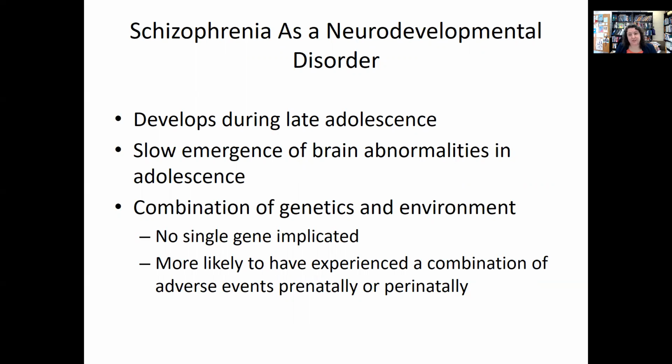So there's no single gene implicated. However, recent research has suggested that what we call schizophrenia might actually be several different genetic disorders. And so we might actually have a label on something that's several somethings. So we're still really figuring this out. And there's a lot of people who have adverse events either prenatally or after they're born.